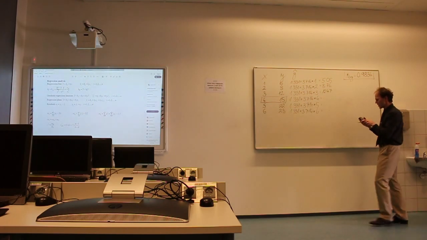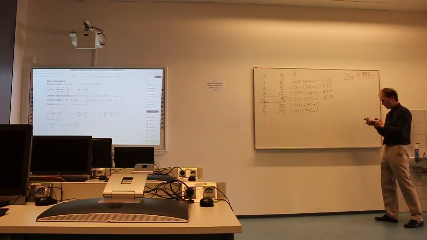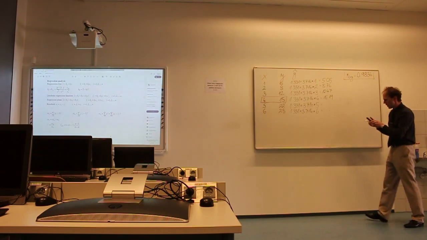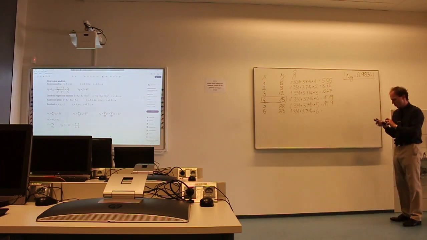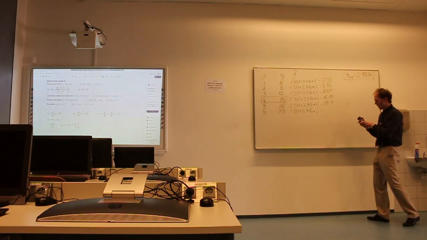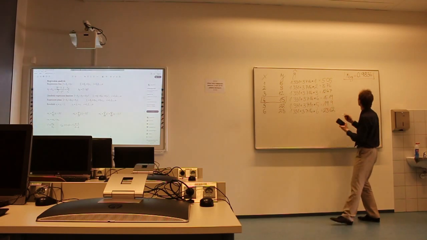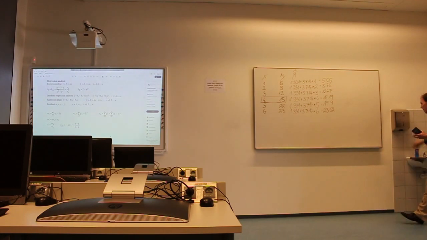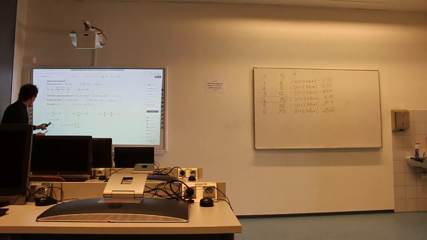Times 4 is 16.19. Times 5 is 19.9. And times 6 is 23.62. Okay. I will delete correlation coefficient because now we will continue with sum of squares.